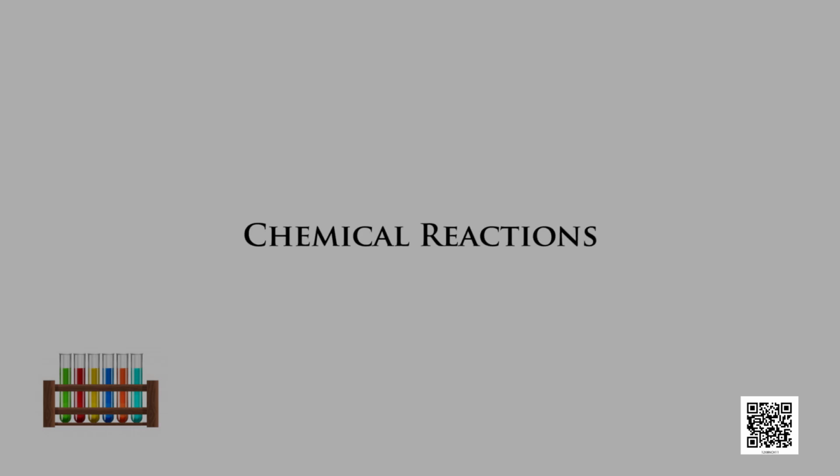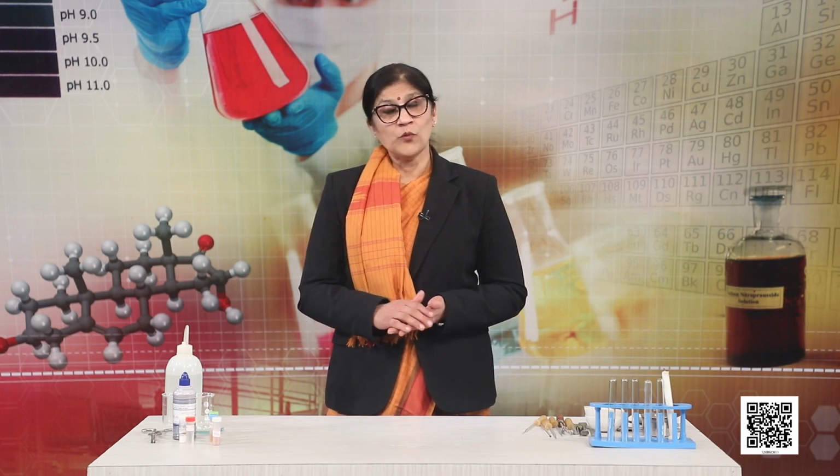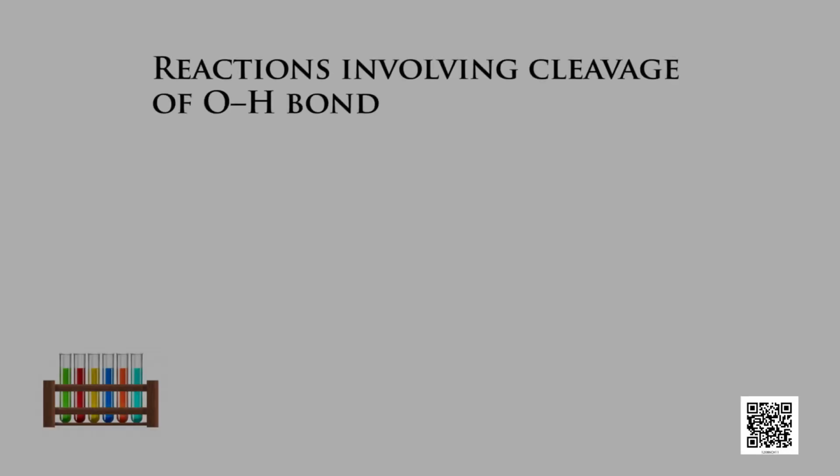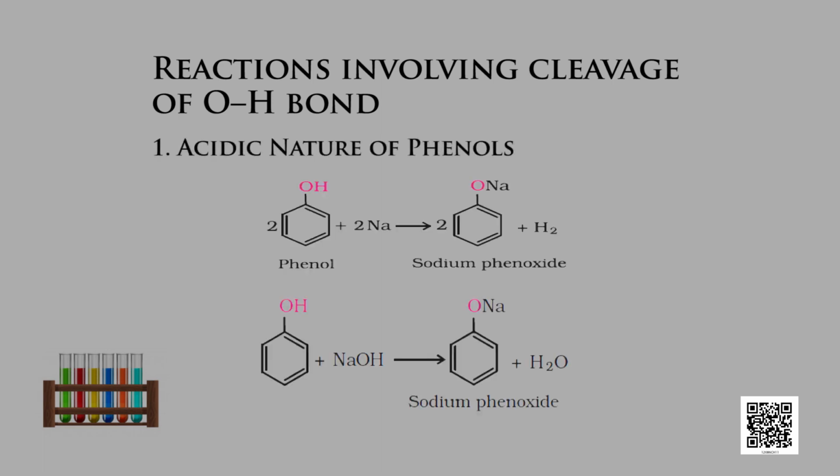After this, let's come to the chemical reactions. The first type of chemical reactions are similar to what we studied for alcohols, that is, the reactions involving cleavage of oxygen-hydrogen bonds, that is, the acidic character.